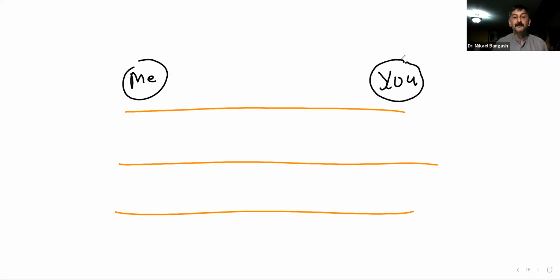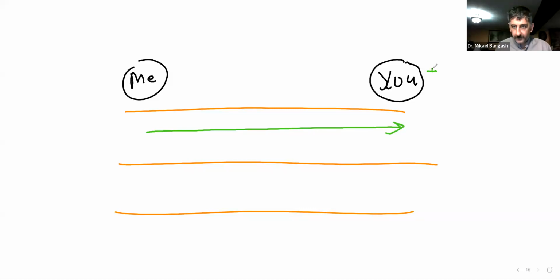Me is you and he is me. But let's just say in one lane, on one side of the street, the traffic may be running like this. For you, that will be positive, and for me, that will be negative, right? Because it's running away from me or it's running towards you.